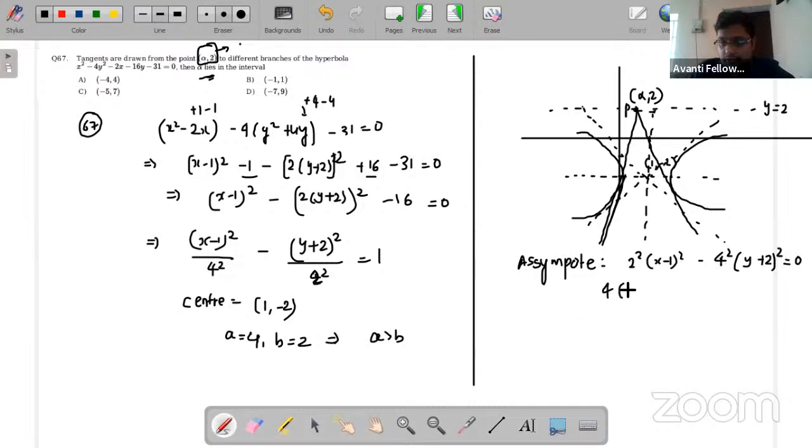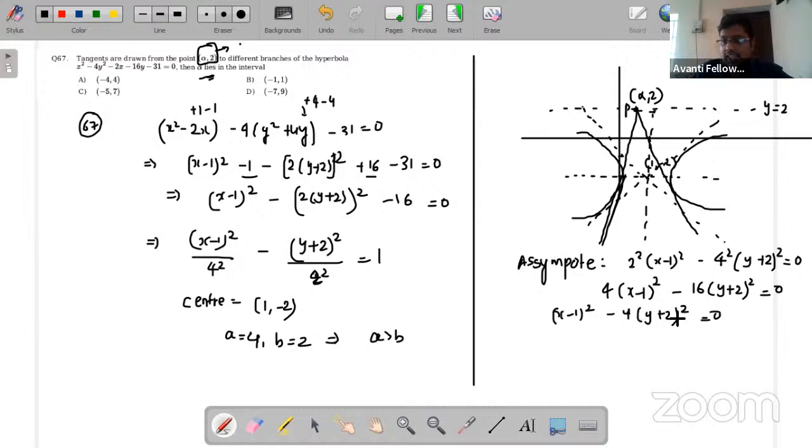B square means 2 square. So we can write 4 times (x minus 1) whole square minus 16 into (y plus 2) whole square is equal to 0. Taking 4 common and simplifying, we'll write (x minus 1) whole square minus 4 (y plus 2) whole square is equal to 0.